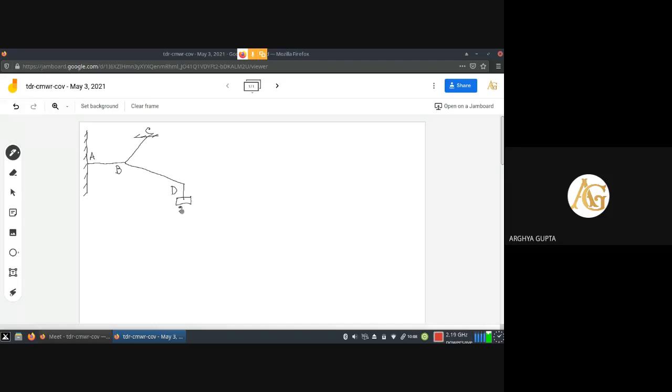Let it load there, 250 Newton. There also at point B, a load is attached of 200 Newton.